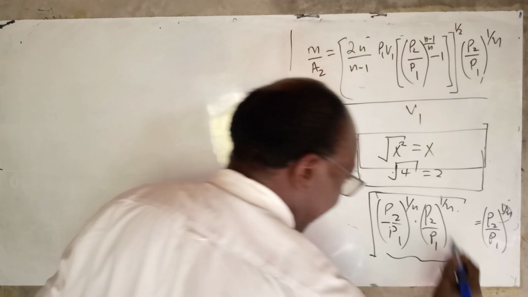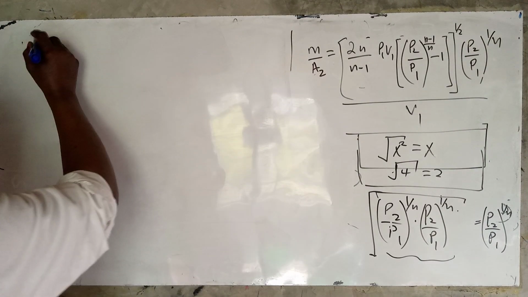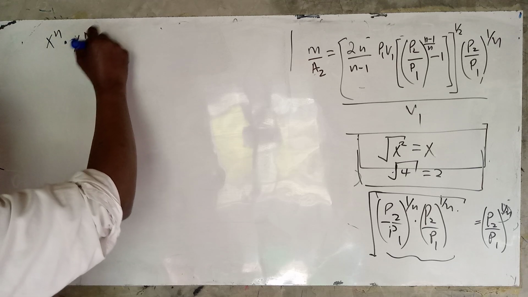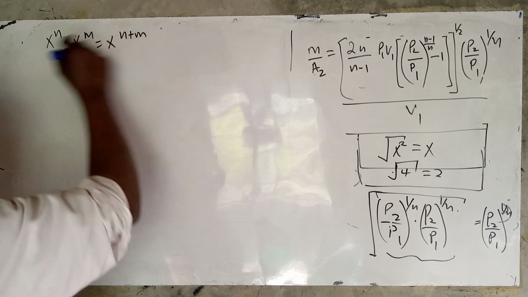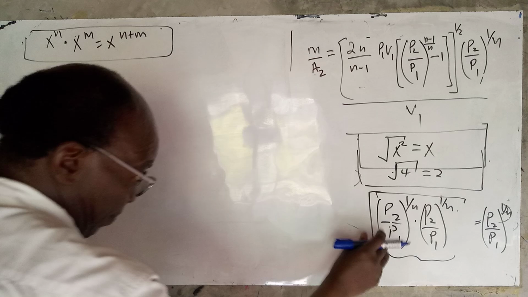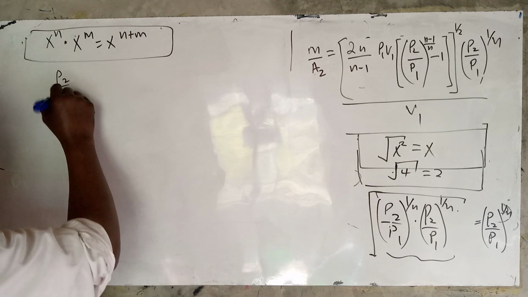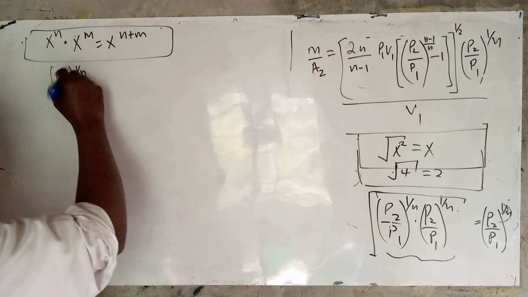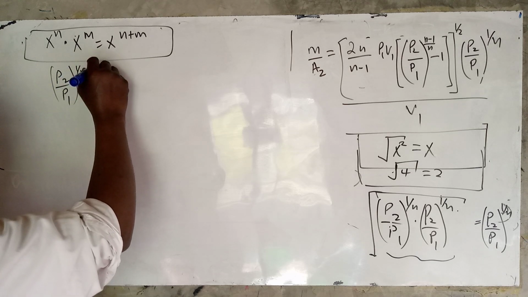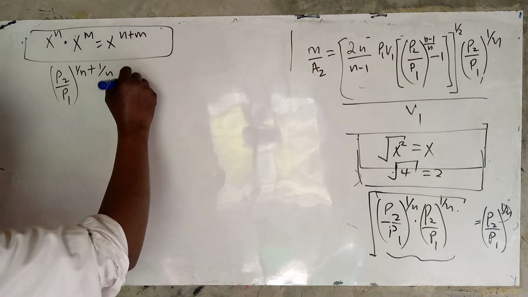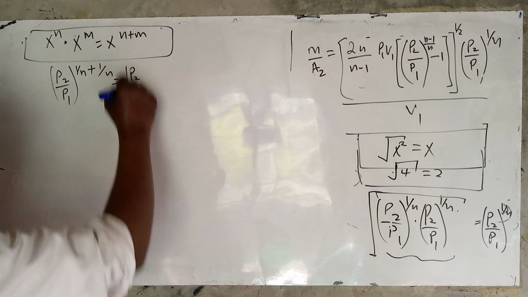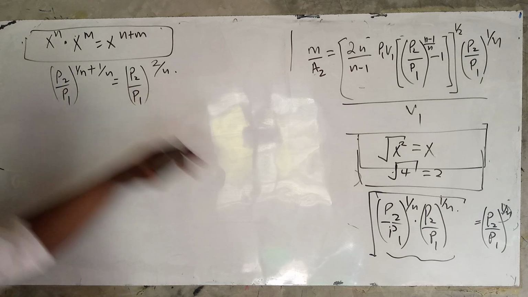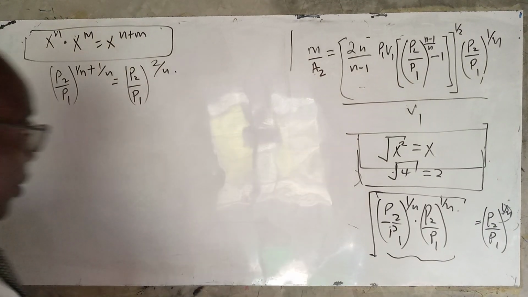And when I square it, we use this law of indices, which we have used extensively: x to the n times x to the m is x to the n plus m. That's the identity we use here to simplify that. So we'll have P2 over P1 to the 1 over n plus 1 over n, and so that will be P2 over P1 to the 2 over n. So this 2 over n is what I put into the bracket where we have the square root.